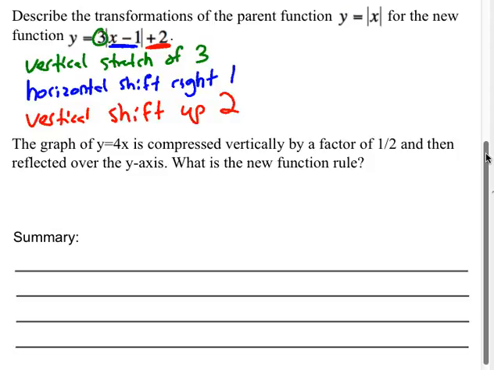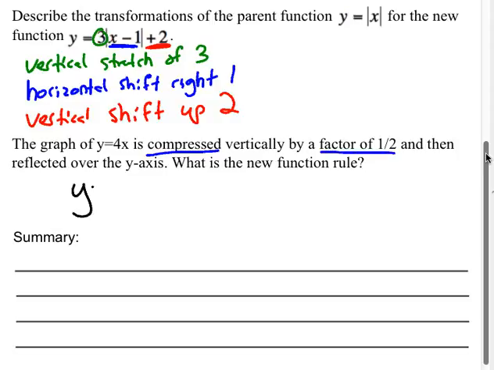All right, last example. The graph of y equals 4x is compressed vertically by a factor of 1/2 and then reflected over the y-axis. What is the new function rule? First, compressed by a factor of 1/2.